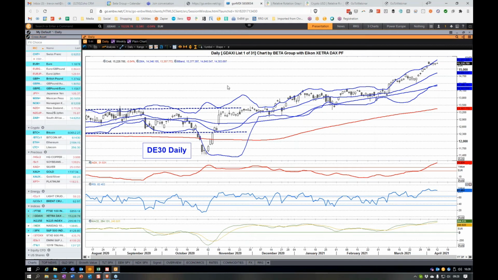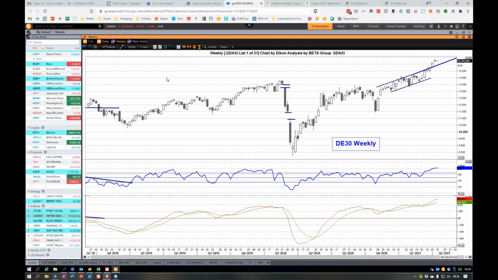So if you want to be long of one index only, it's not necessarily the US 500 you should be long of. The German, I think, is the best of the majors at the moment.